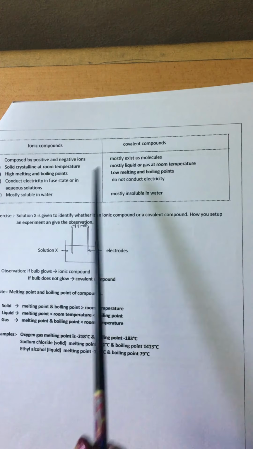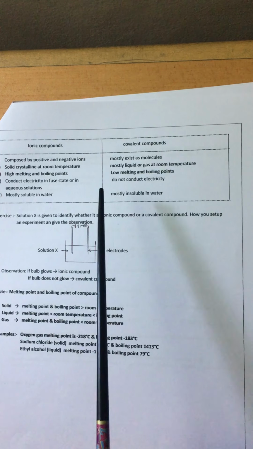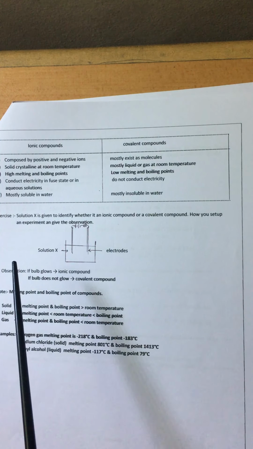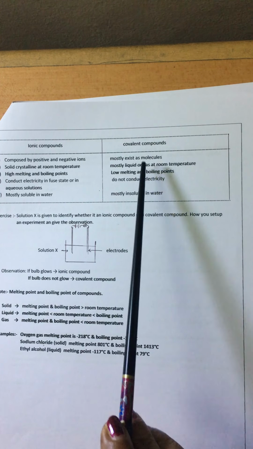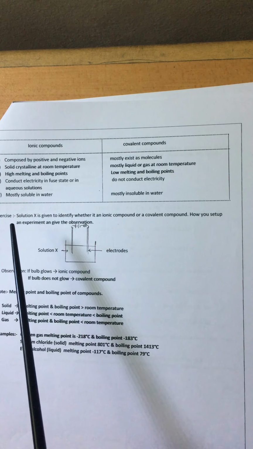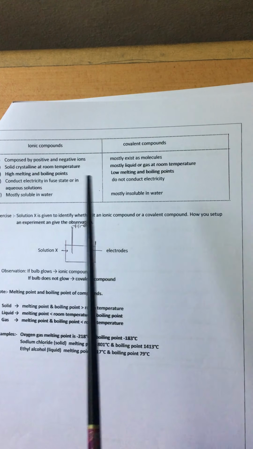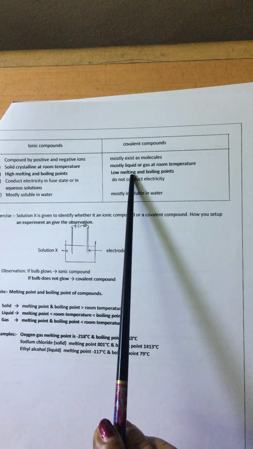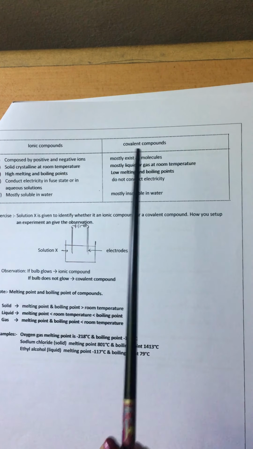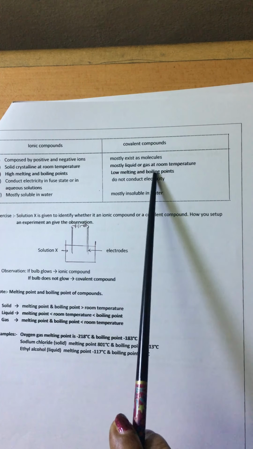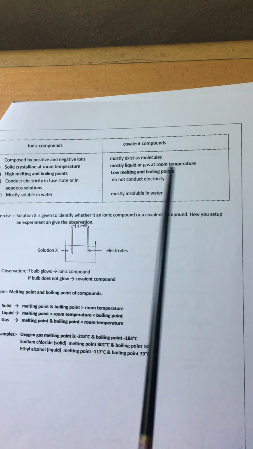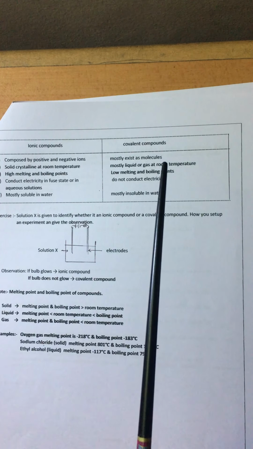Water is a covalent compound, but it has a high boiling point because it has intermolecular bonds. Likewise, atomic lattices like diamond and graphite also have high melting and boiling points. So covalent compounds have low melting and boiling points, with the exception of atomic lattices and compounds which have intermolecular bonds.